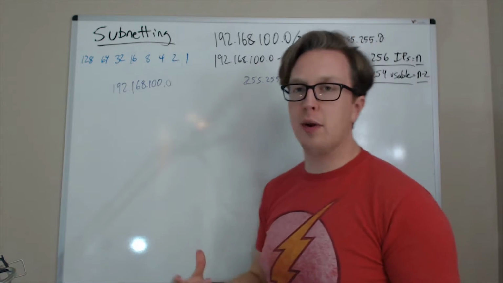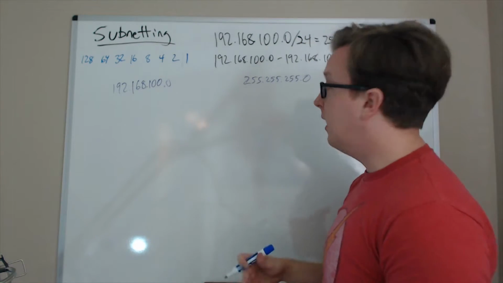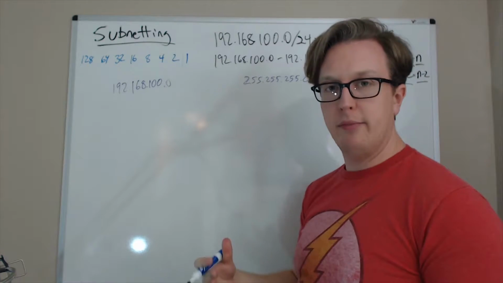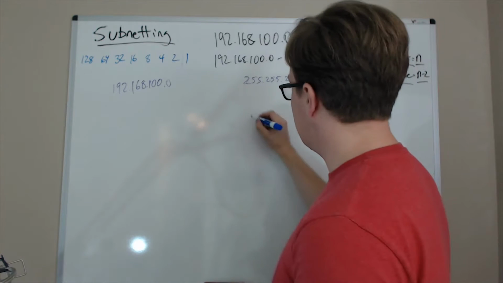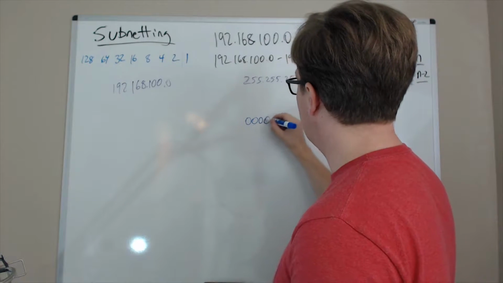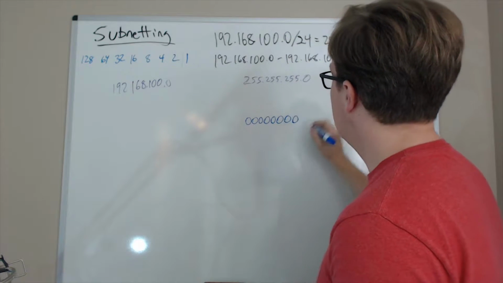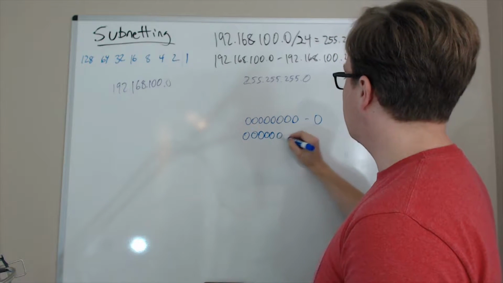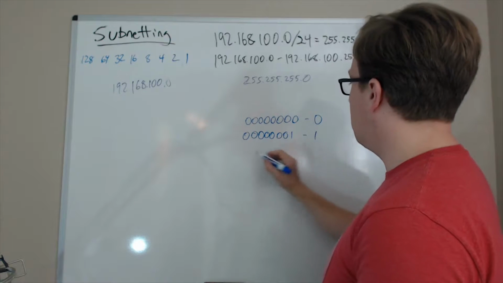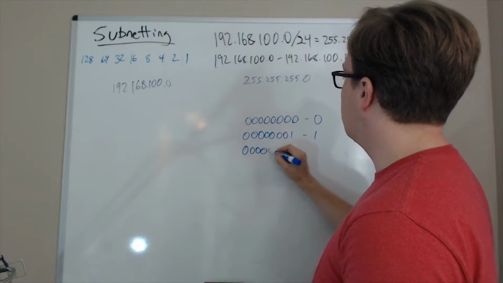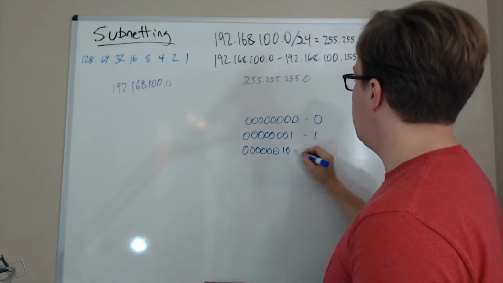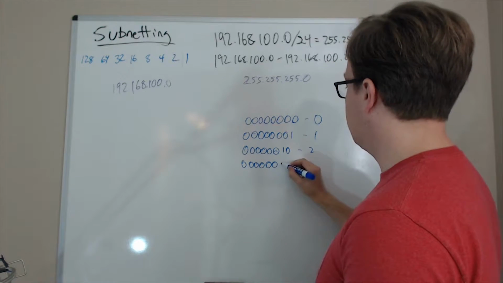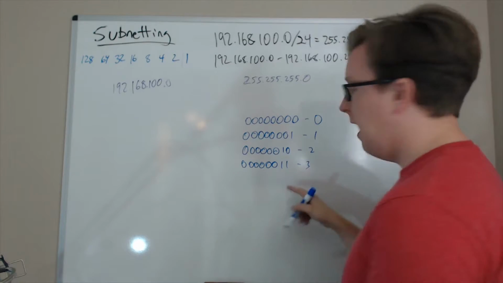The way you would count in binary is, if we were counting in 8 bits, that's 0, that's 1, that's 2, 3, and so on and so forth.